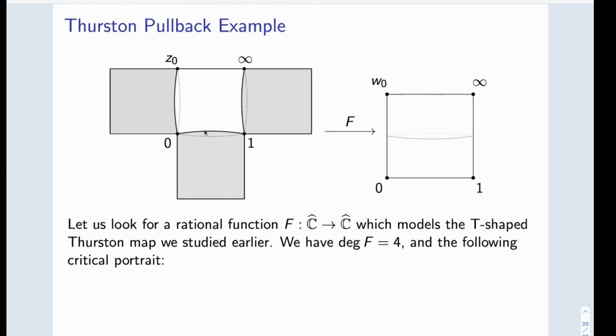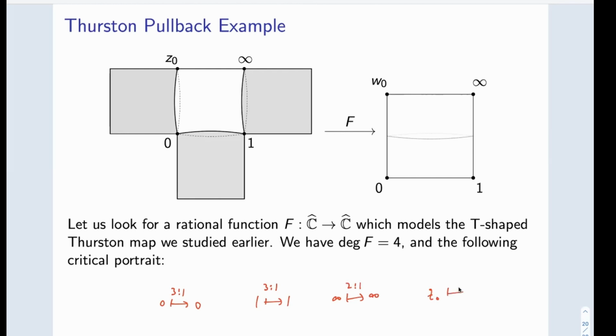And we can also write down the critical portrait. So 0 we see gets mapped to 0 with degree 3. 1 gets mapped to 1 with, again, degree 3. Infinity gets mapped to infinity, degree 2.